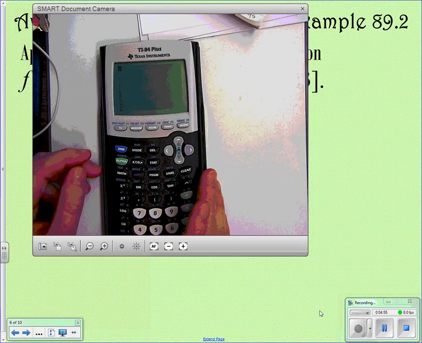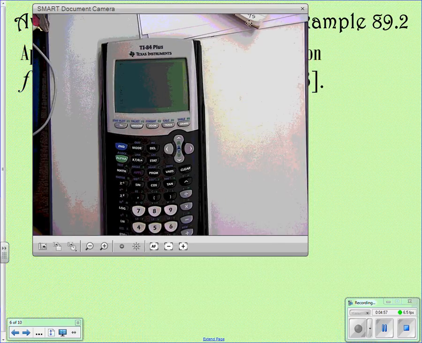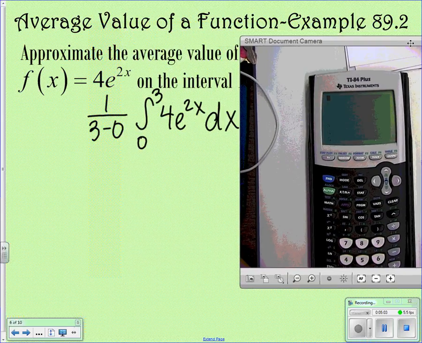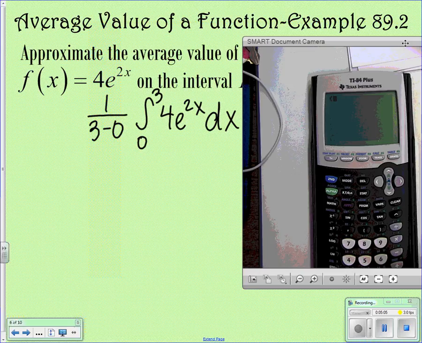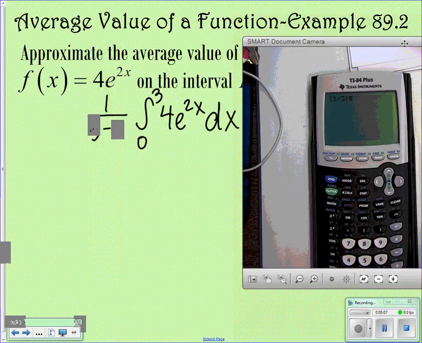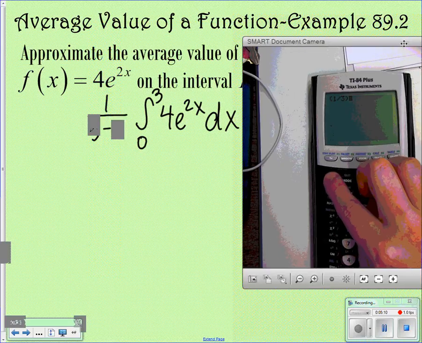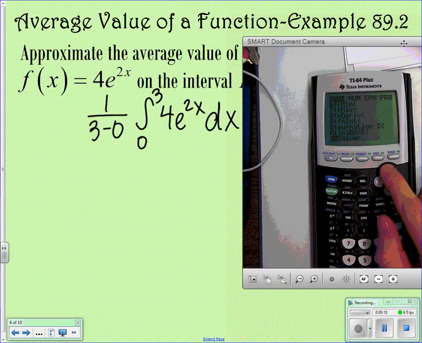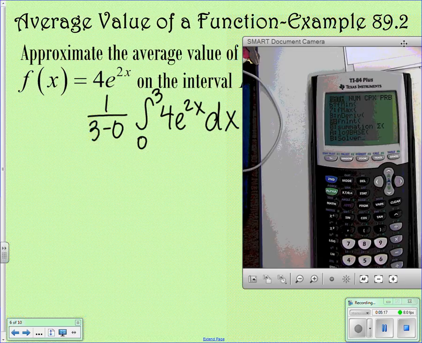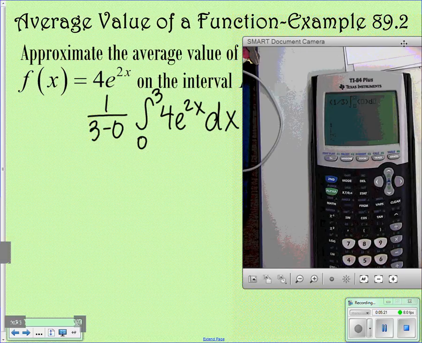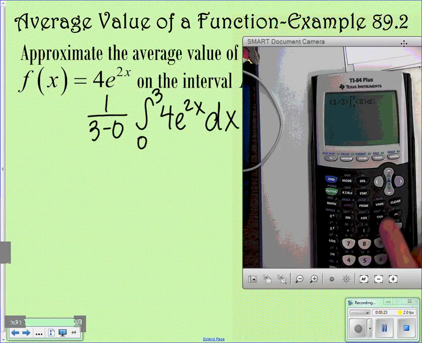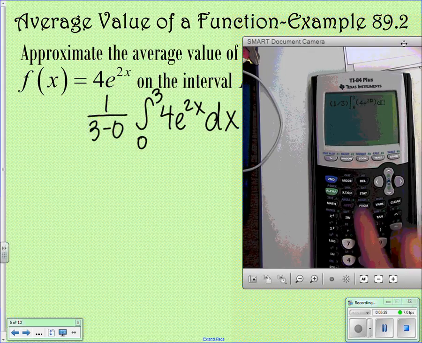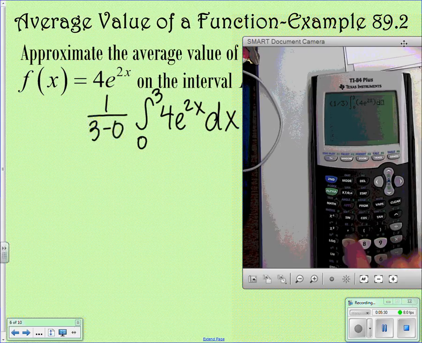So we're going to look at our calculator and plug this function into it. I'm going to say 1/3, and then I'm going to integrate. You go to math, and then function integral, and our endpoints are 0 to 3, and then our function is 4e to the 2x, with respect to x.